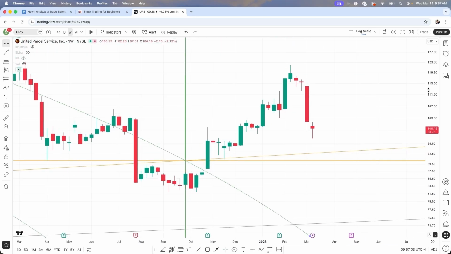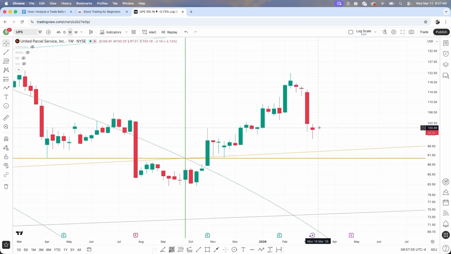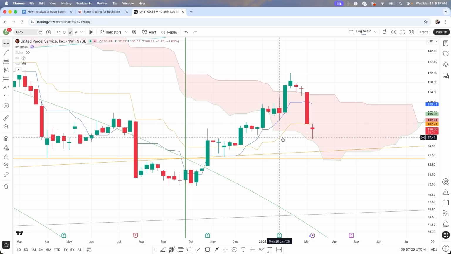In terms of where we are right now, if the market structure continues to be bearish, then price may want to come back down into this zone in the future. That would be an area to watch if the market structure continues to be bearish, or if we lose the cloud.